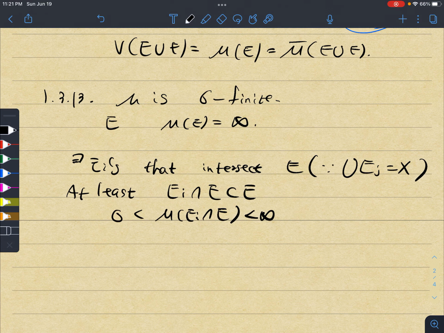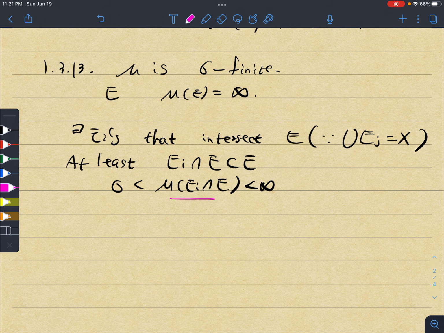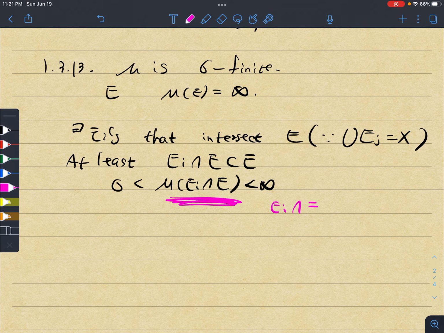This holds because, first off, this cannot be infinite, because E_i intersect E is a subset of E_i, and we know that mu of E_i is finite, so this also has to be finite.